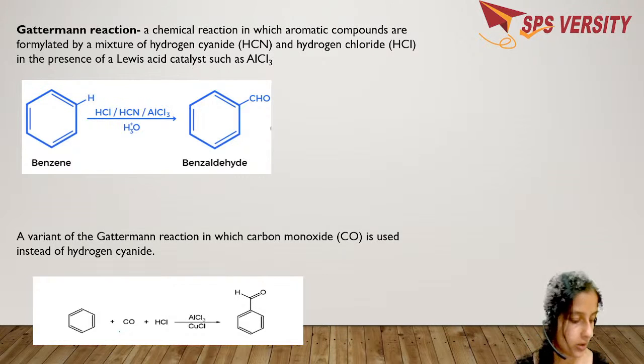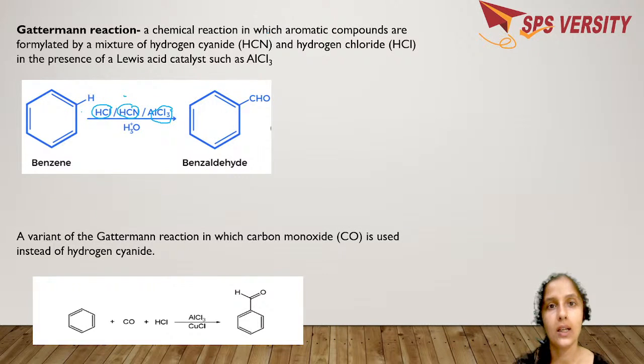Then we have very important reactions, some of them are named reactions. What you have to see is what you are going to get at the end of the reaction, what the products or reactants are. First one is the Gattermann reaction, and you also have the Gattermann-Koch reaction. In the Gattermann reaction you are treating benzene with HCl and HCN in the presence of a Lewis acid, which is aluminum chloride.